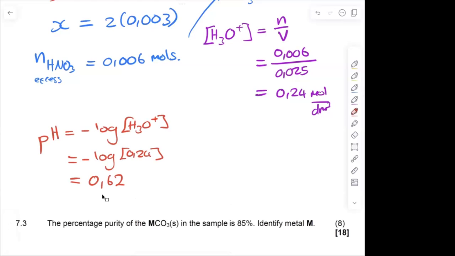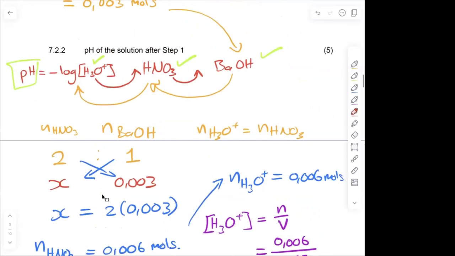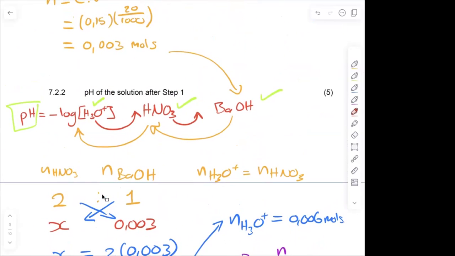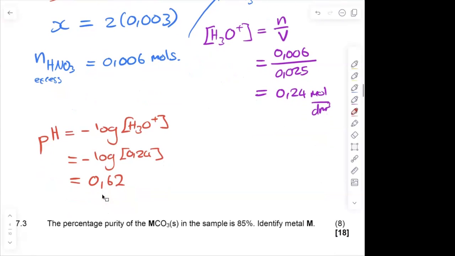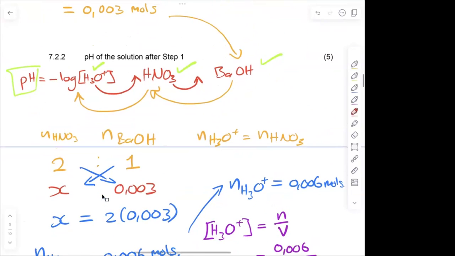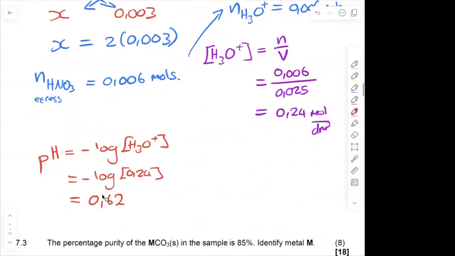That is the pH of the solution after step 1. We had a lot of nitric acid, which is a strong acid, so we expect a very low pH.